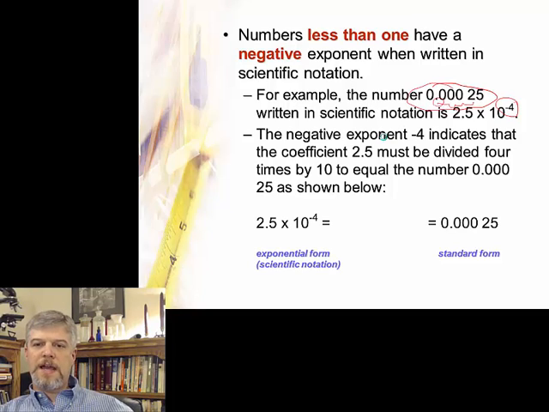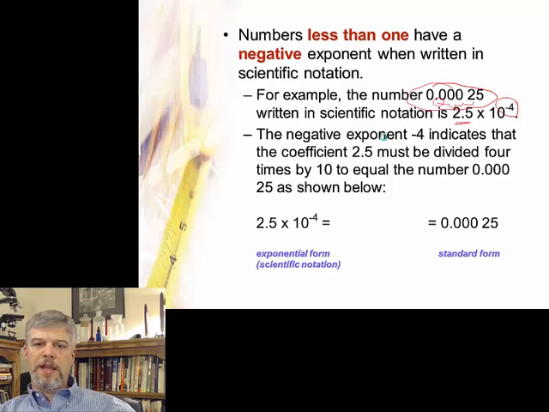Okay? It's actually true that 2.5 is bigger than the original number. 0.00025 is a tiny number. 2.5 is bigger than that. So to make sure that this is actually the same size as the original, we need to multiply by a number that makes it very small. And 10 to the minus 4 is 1/10,000th, which is now multiplied by 2.5.